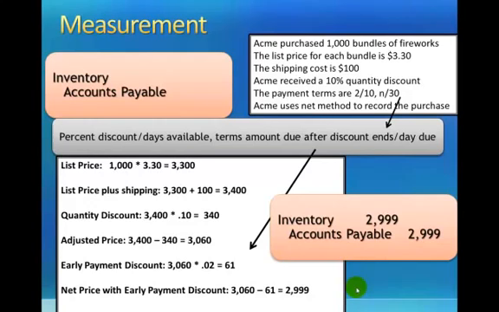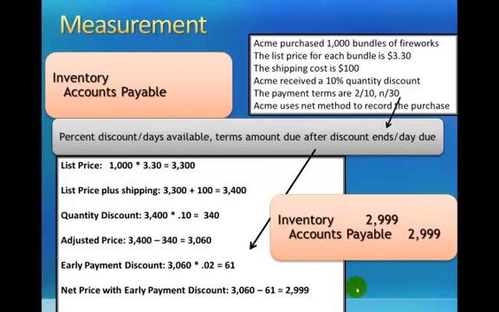The only thing that would differ if we were not using the net method, the alternative to the net method is the gross method, which we'll discuss at the end of this module, would be that we would not take the discount into consideration. We would record the transaction before the early payment discount. Sometimes early payment discount is also called a cash discount.